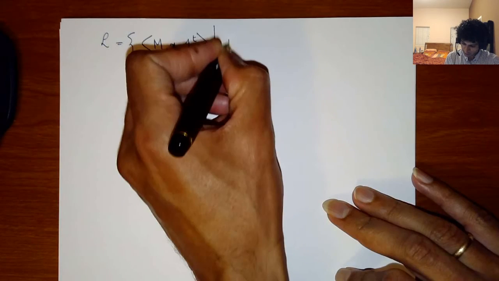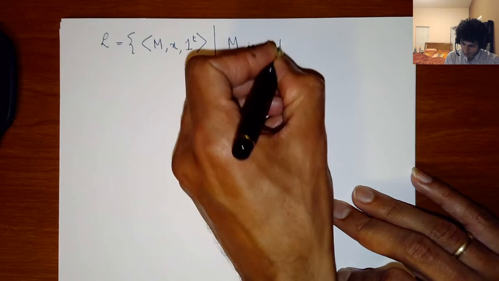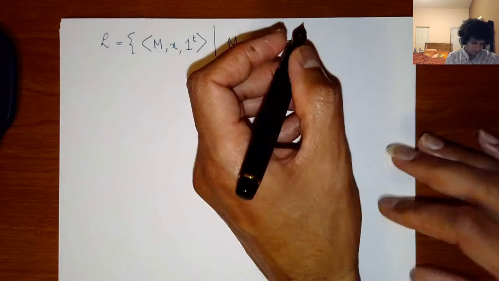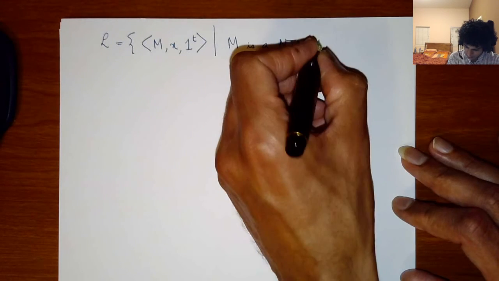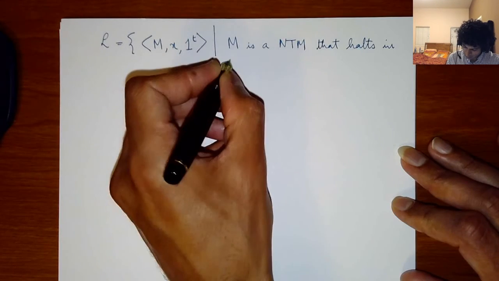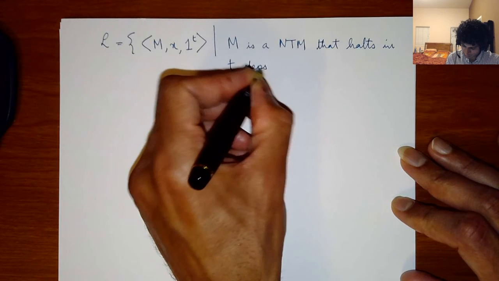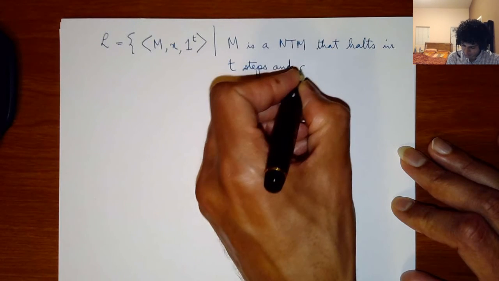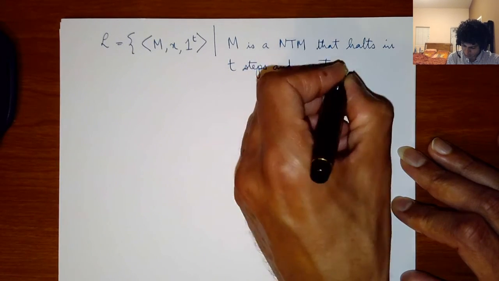And M is a non-deterministic Turing machine that halts in T steps and accepts X.